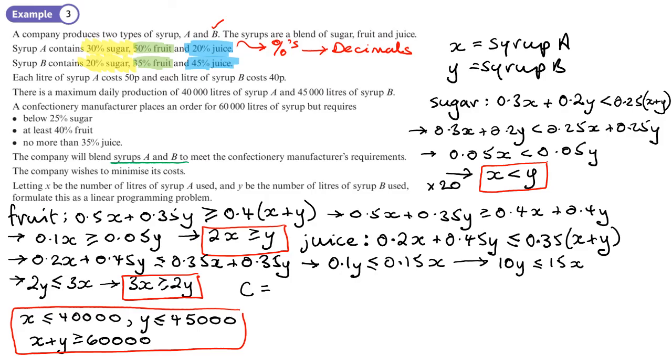Well, it's 50 pence for syrup A, so let's do it in pounds, so 0.5x, and it's 40 pence for syrup B. Now what we could do is multiply those by 10 and say their costs are 5x plus 4y, because we really want to avoid decimals where we can and work with whole numbers.